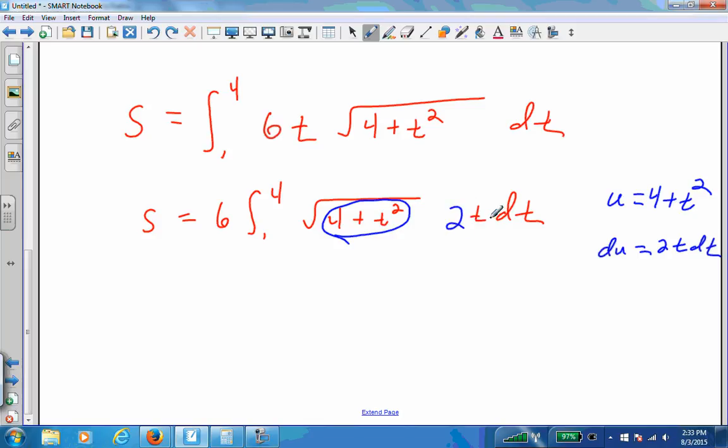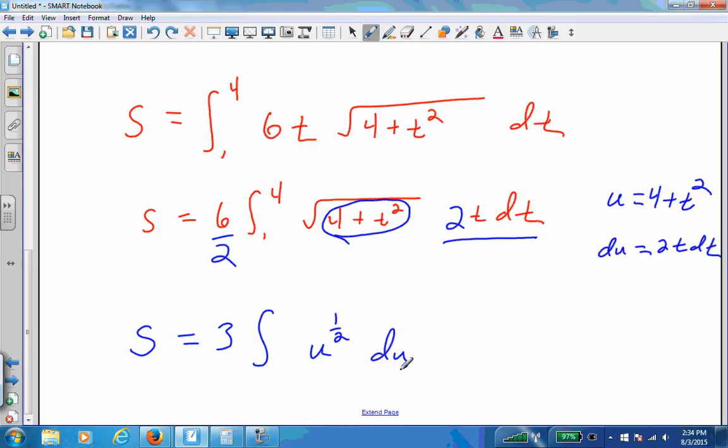So if I multiply by 2, I also divide out front by 2. So that's 3 times the integral of the square root of u, or we could call that u to the 1/2. That part is du.